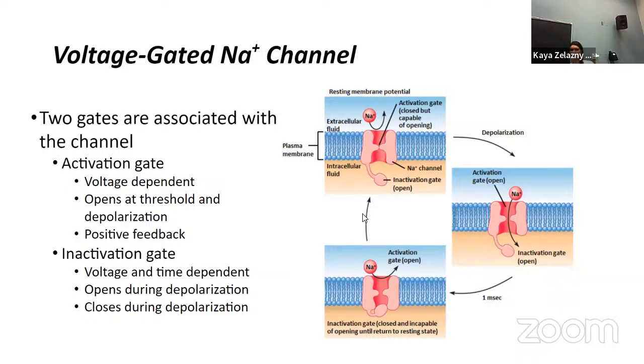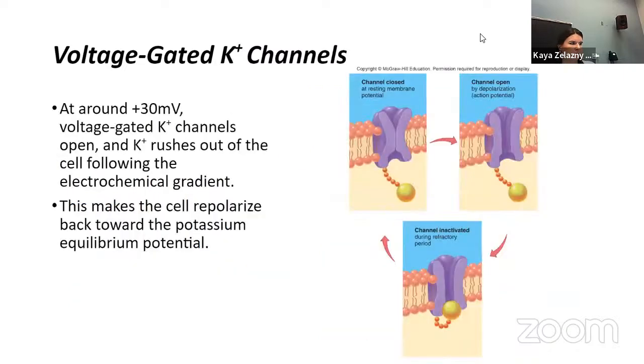Both our activation gate and our inactivation gate have to be open. But then it's going to start to close once we hit about a millisecond, which is going to start to shut off our various voltage gated sodium channels.